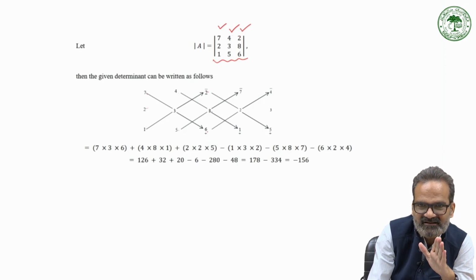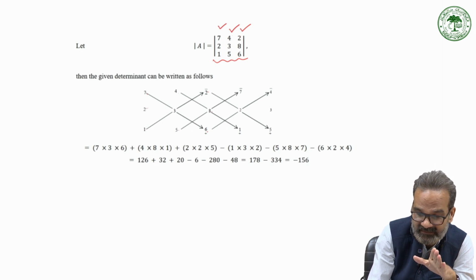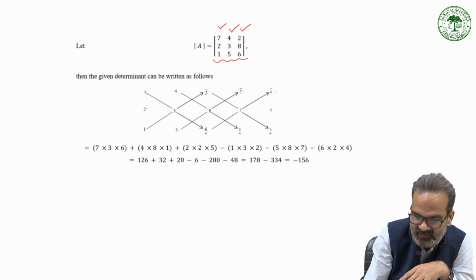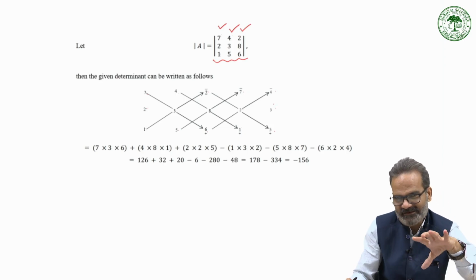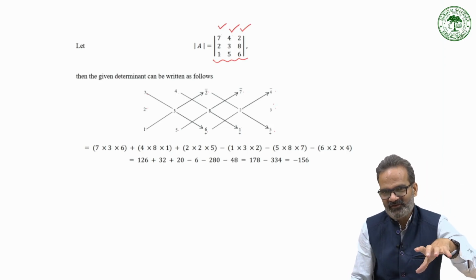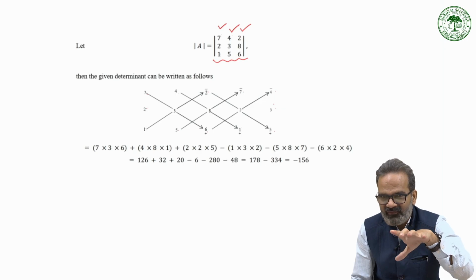These are the initial 3 columns given in the question. And then after, we will repeat column 1 and column 2 again. So 7 2 1 column 1, 4 3 5 column 2. So in place of 3 columns, we will write down 5 columns.